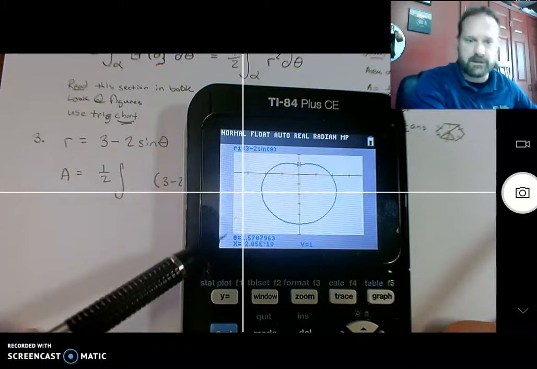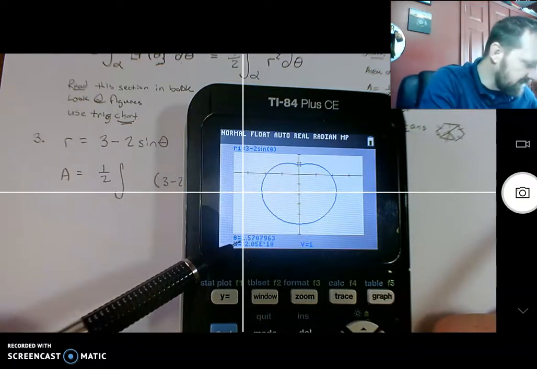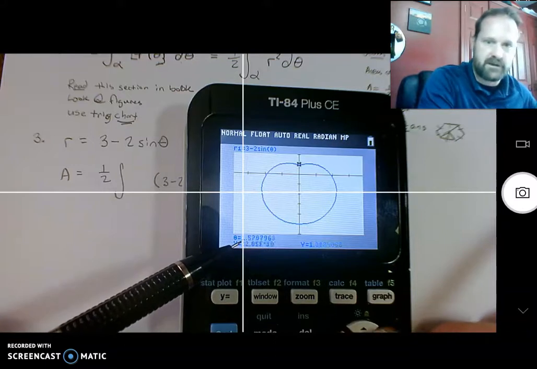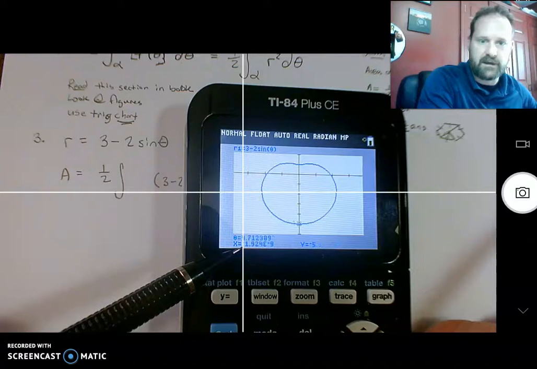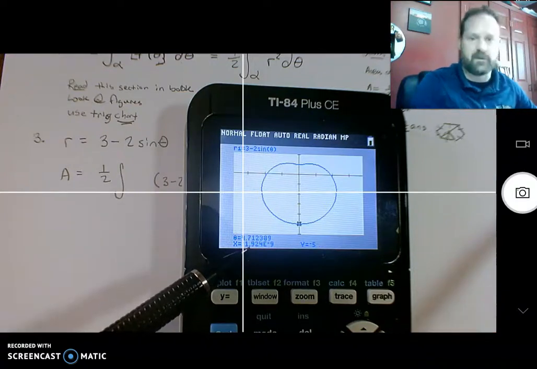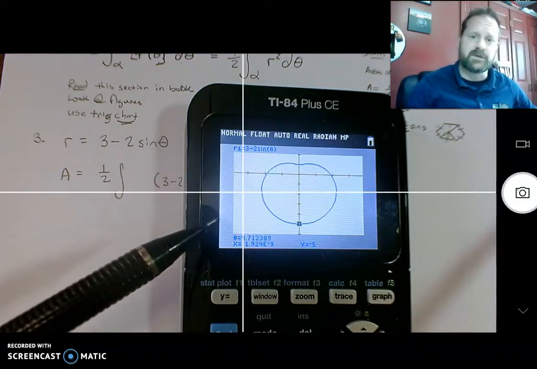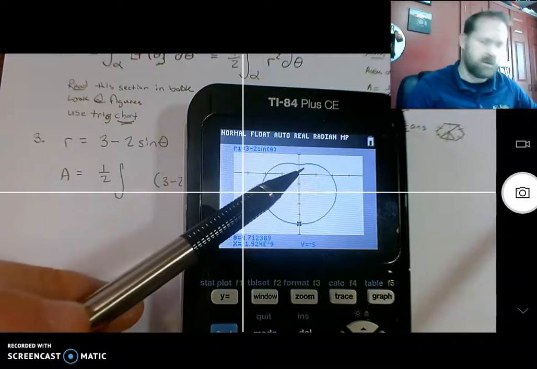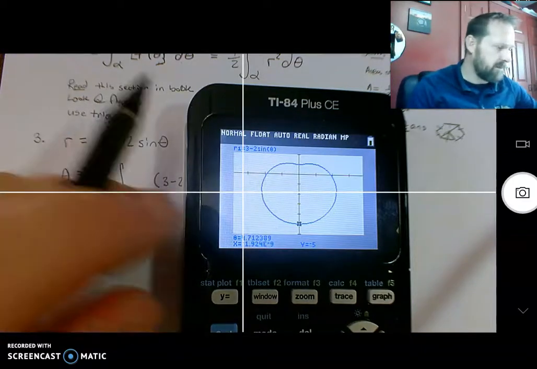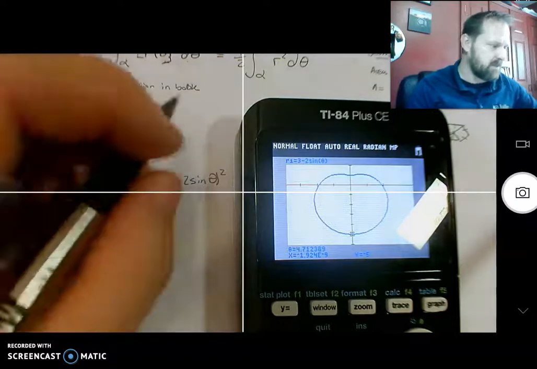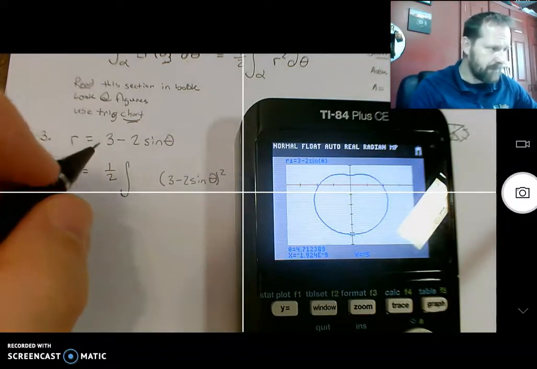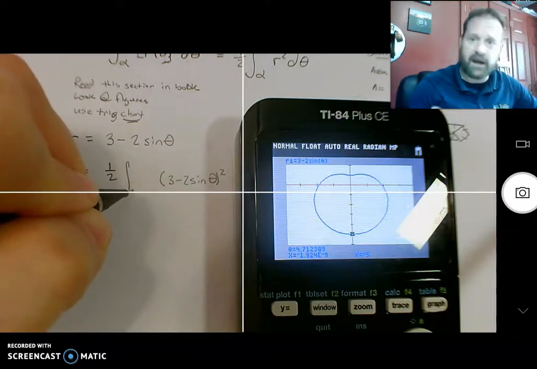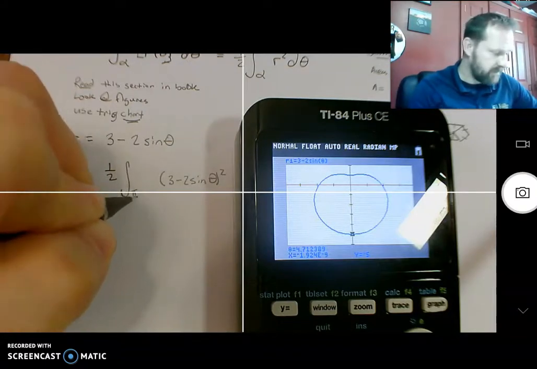What is that? I can't even see because of the glare. 1.57, and then going this way, 1.57, and then we've got 4.71. This is where you have to remember those things in trig, like what in the world is 1.57? Oh, I remember that. Yeah, pi divided by 2, 1.57.